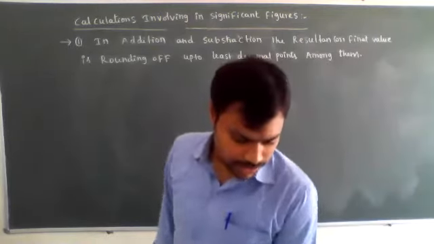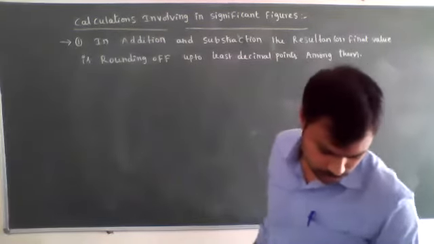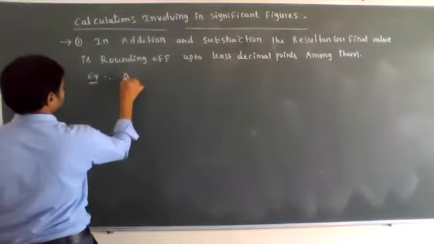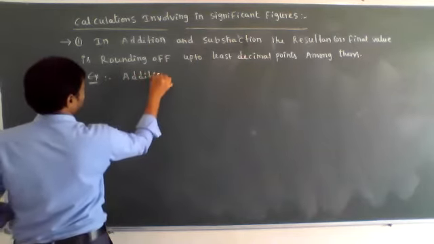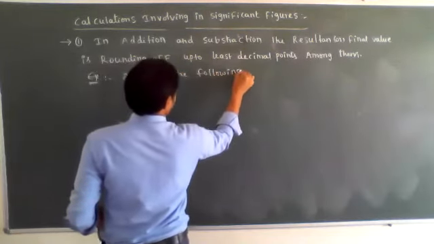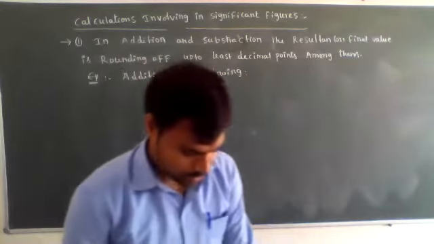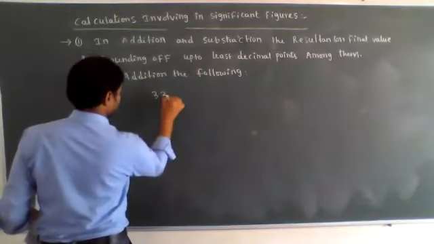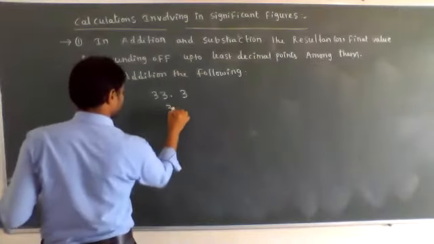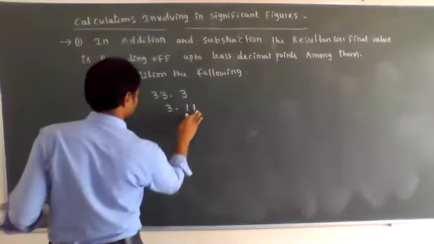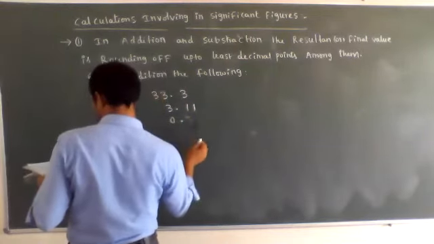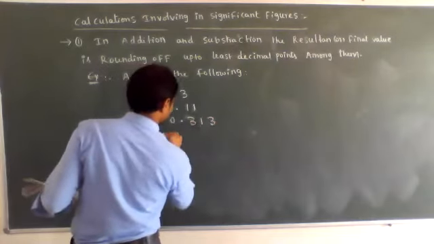For example, let's see addition of the following. See the numbers: 33.3, 3.11, 0.313.